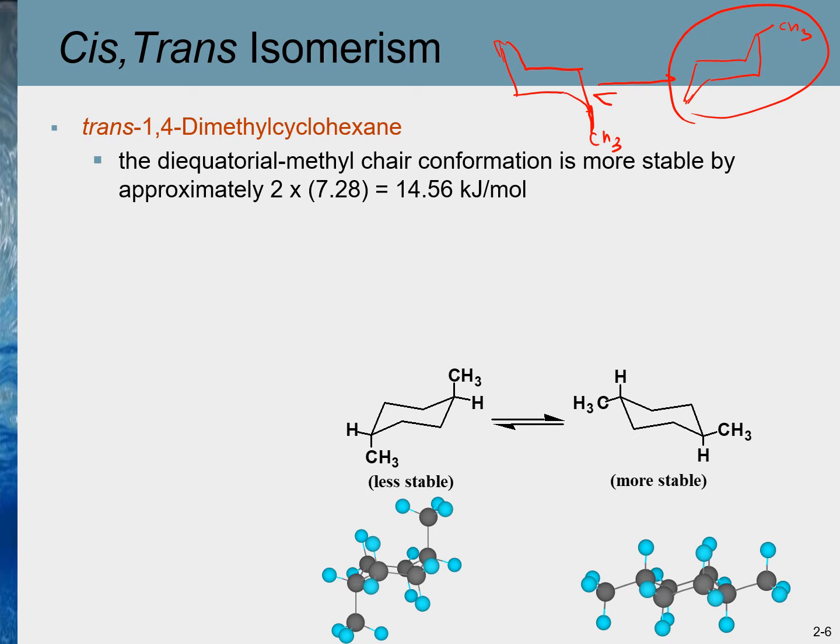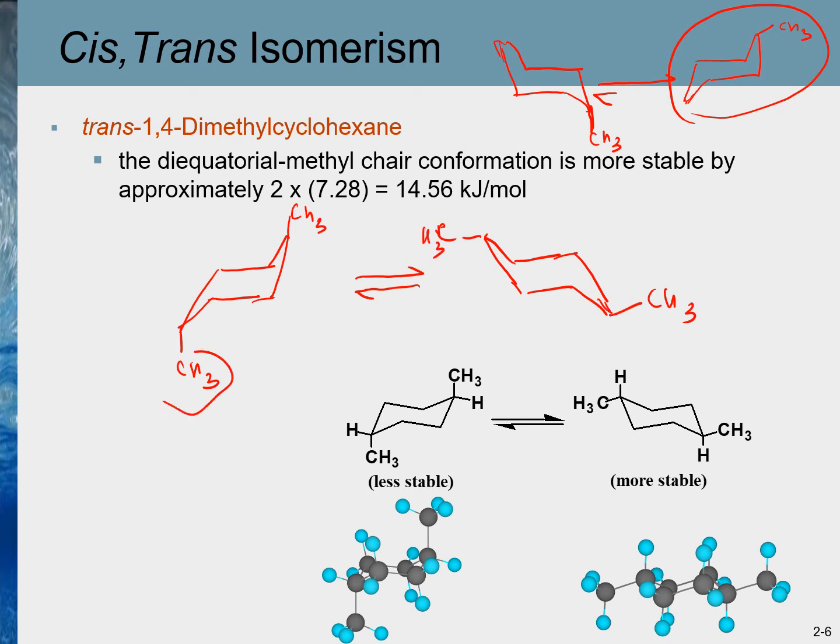Now let's take a look at example of 1,4-dimethyl cyclohexane. So in this case, again, as we learned previously, the substituent groups do prefer equatorial position. So if we have substituent group on axial position, when the chair flips and undergoes to form the other conformation, the axial positions will become equatorial position.